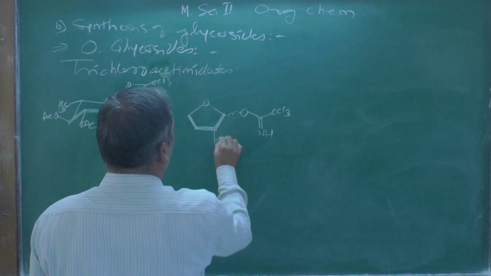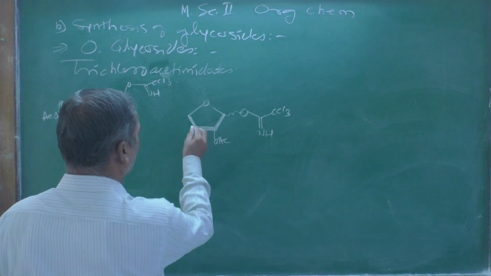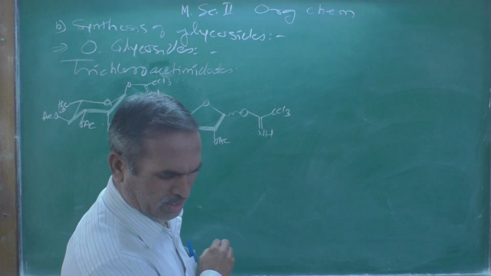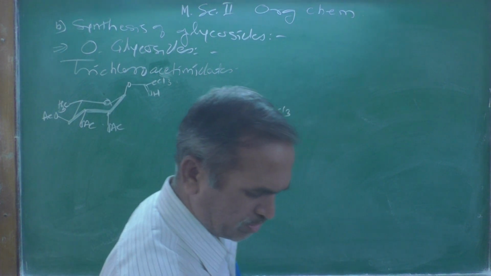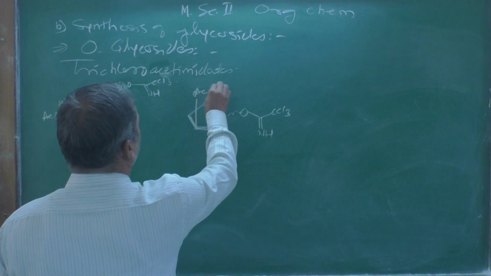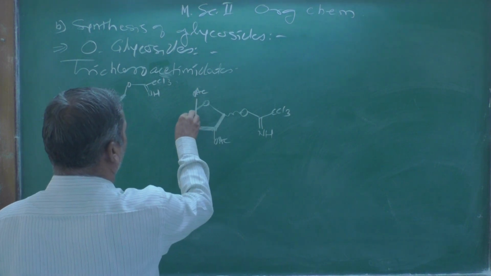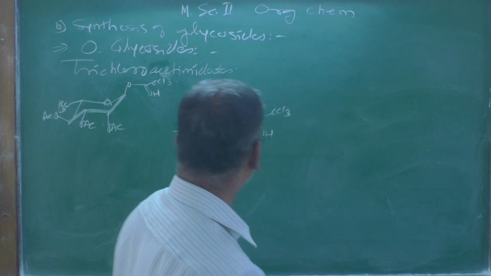Here is OAc we can write, and again at this position, at the two position, we can replace that; it is above, OAc, and here you can write the bond like this, OAc.